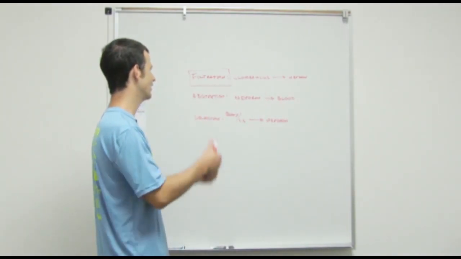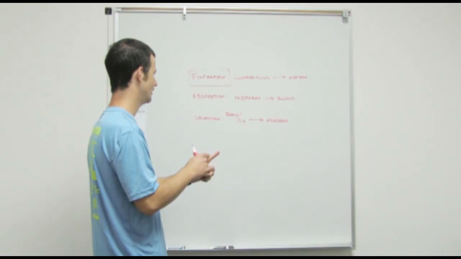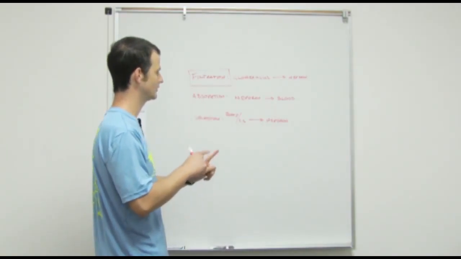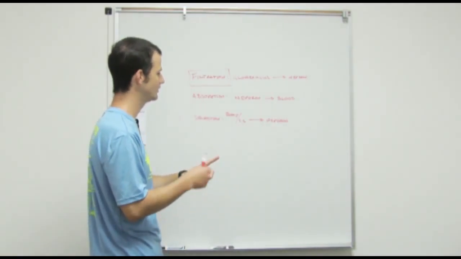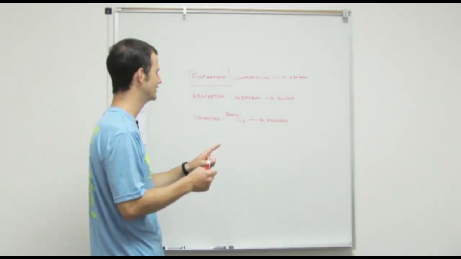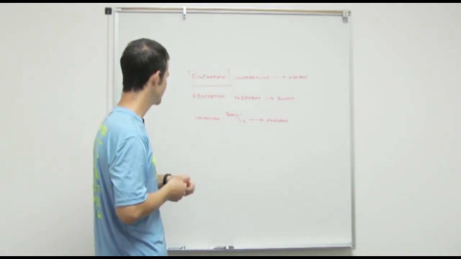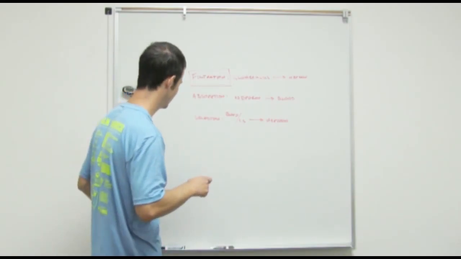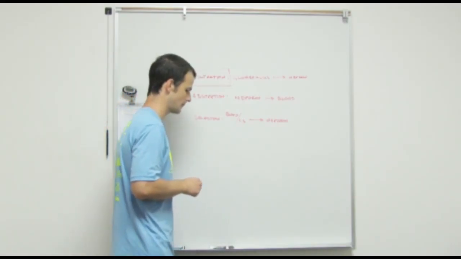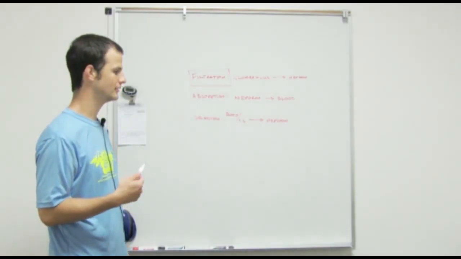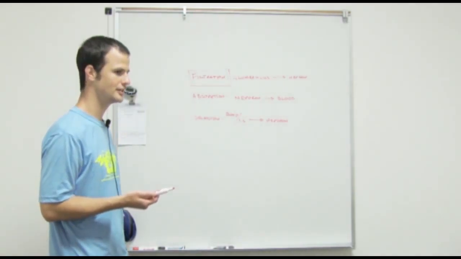But then when we go back up, we're absorbing ions and stuff, right? And then in the distal convoluted tubule, there's secretion of like hydrogen ion and potassium and stuff.